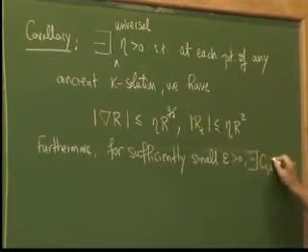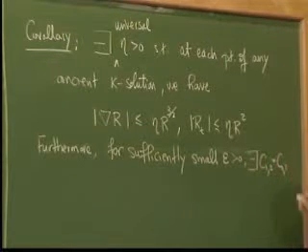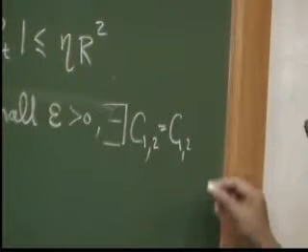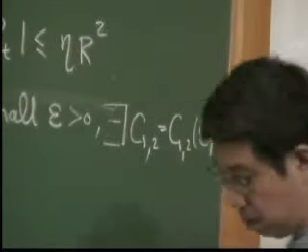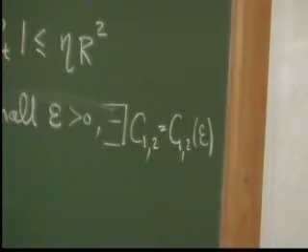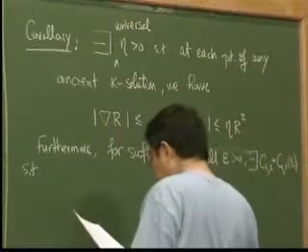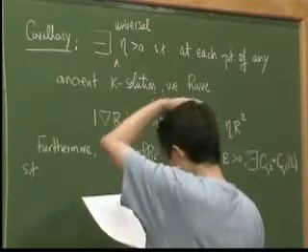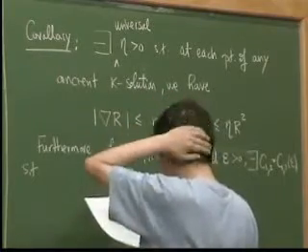Two constants, these two constants depend on epsilon, such that the following is true. This is again still in the ancient solution.